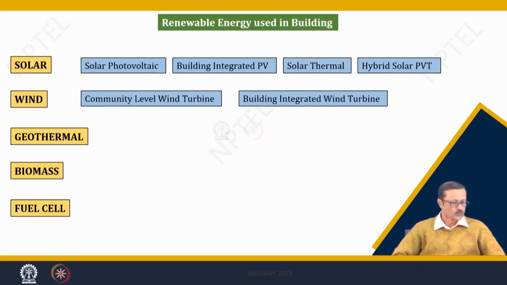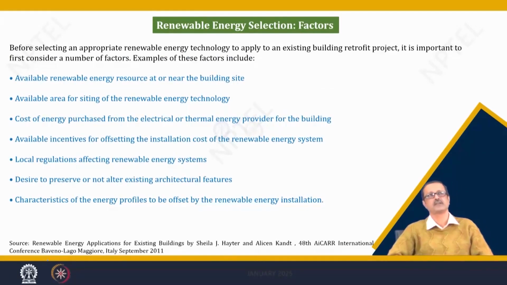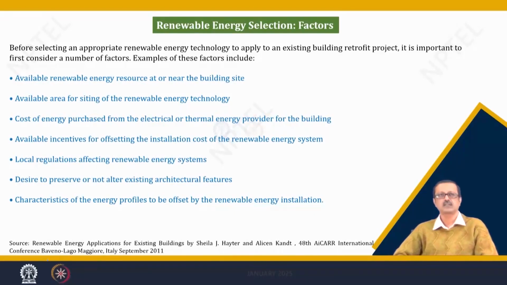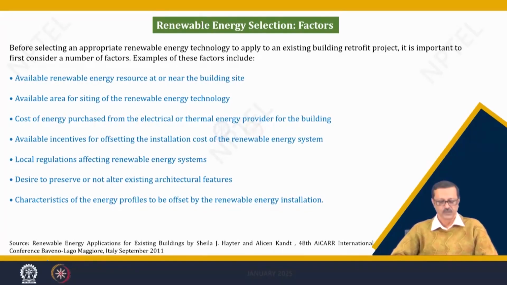Now, when we think about the potential for integrating renewable energy in the building, there are some factors, and we have to check each and every factor, and only then decide whether we can integrate the RE system, and which type of system we can integrate also depends upon those factors.